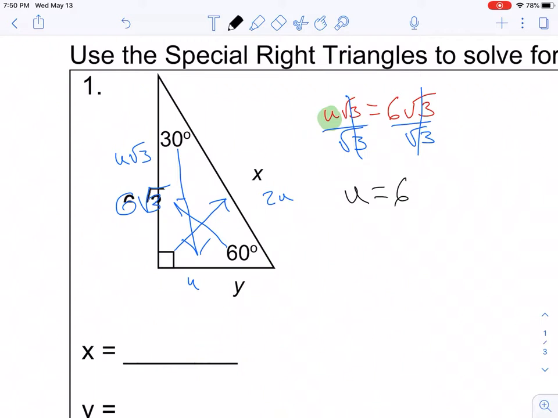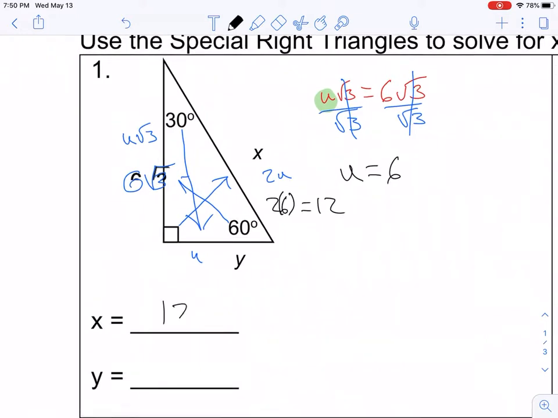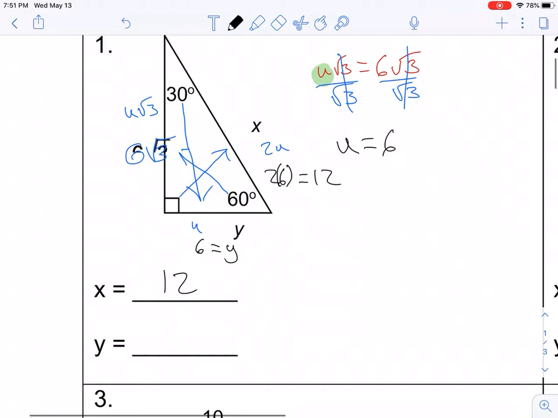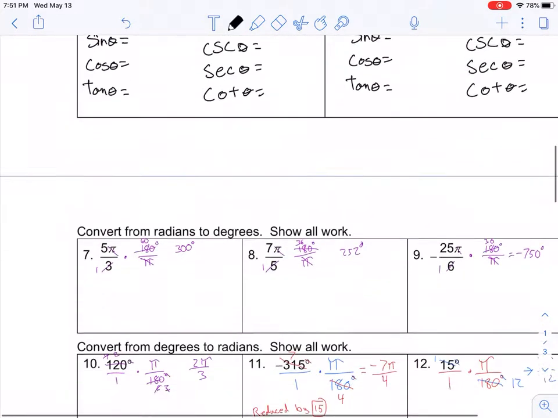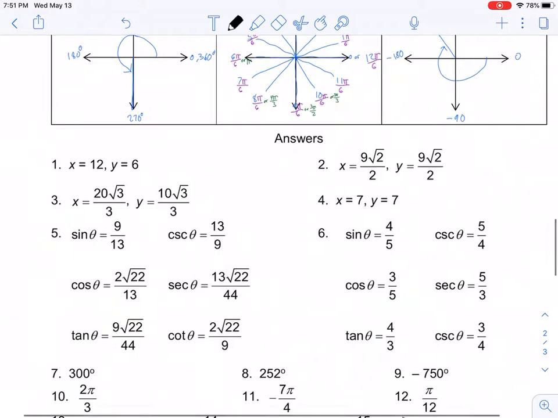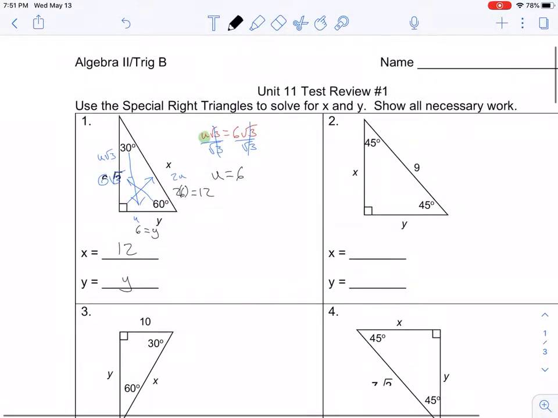If u equals 6, then right here, 2u is really 2 times 6, which is 12. So our x side is 12. And then if u equals 6, then I can replace that u here. So 6 equals y, and so y equals 6, nothing to solve for there. I'm just going to jump down, and we have 12 and 6.